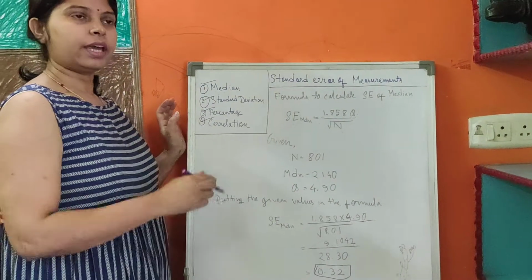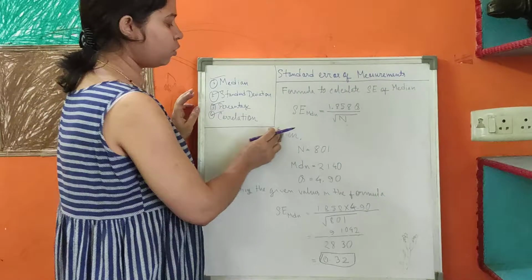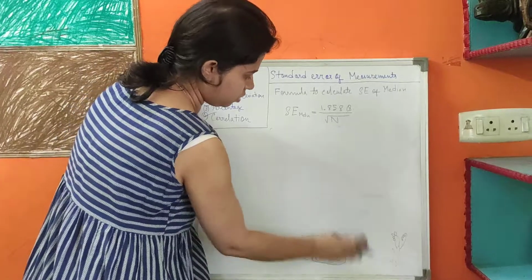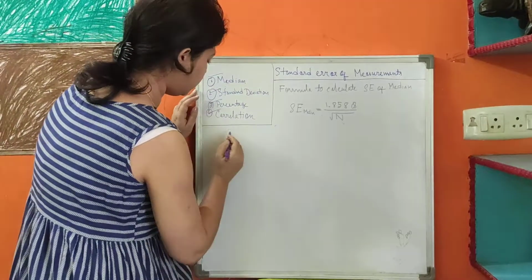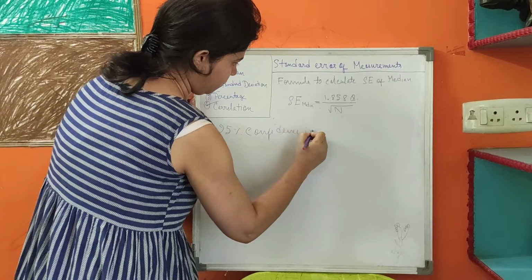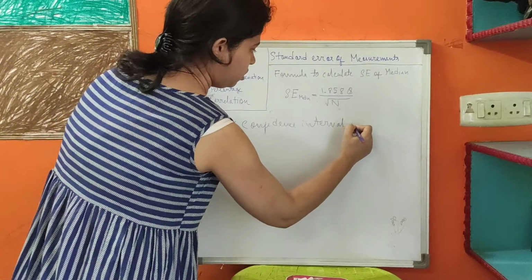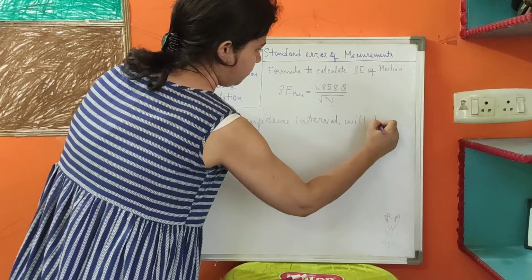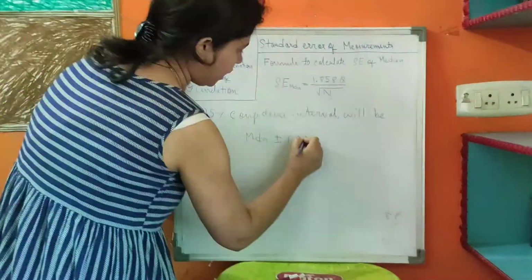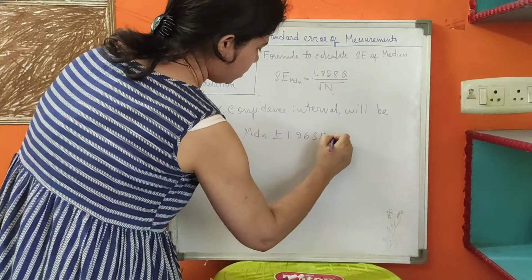Similarly now, like the mean we have done, finding out the confidence interval, here also we can find out the confidence interval for the given value. So the 95% confidence interval will be median plus minus 1.96 into standard error of median.